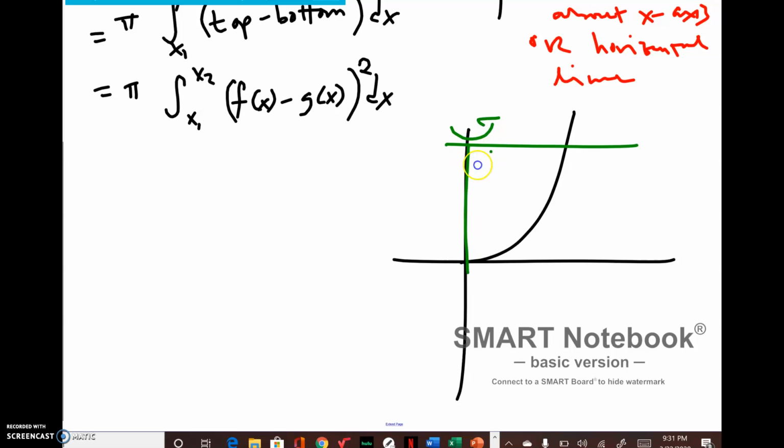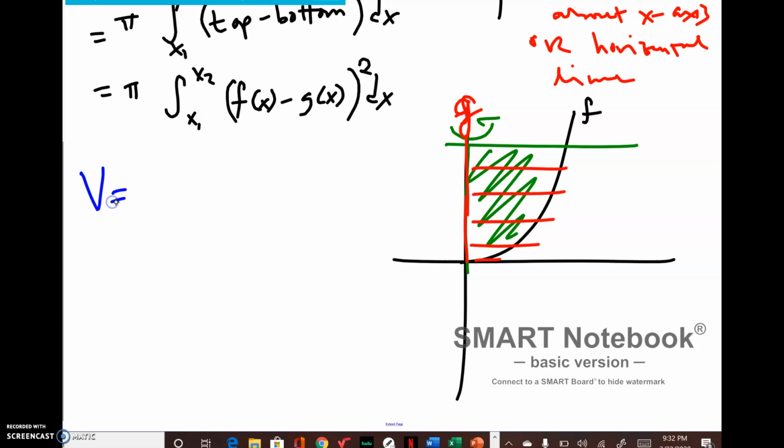So this is the figure that I'm rotating, and let's call this G, and we're going to call this one F. So I have to do horizontal strips because I'm rotating about the y-axis. If you notice, there's no gaps between my strips and my axis of rotation, so that's how I know it's a disk.